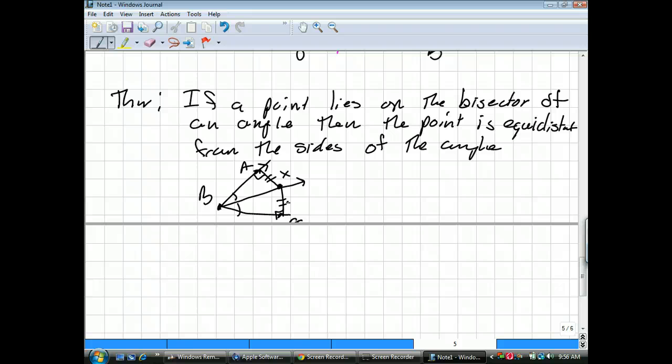Okay, so we know that AX is equal to CX. Remember, this is C right here. Okay, and then we also have the converse.